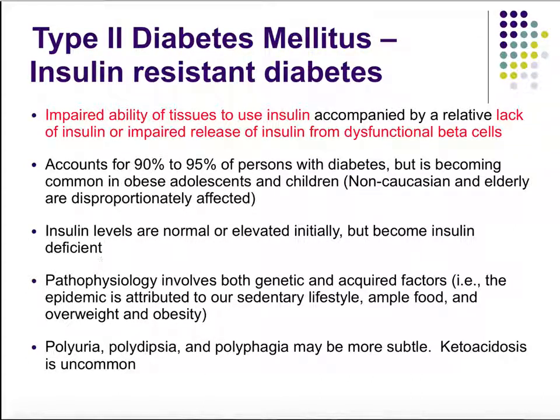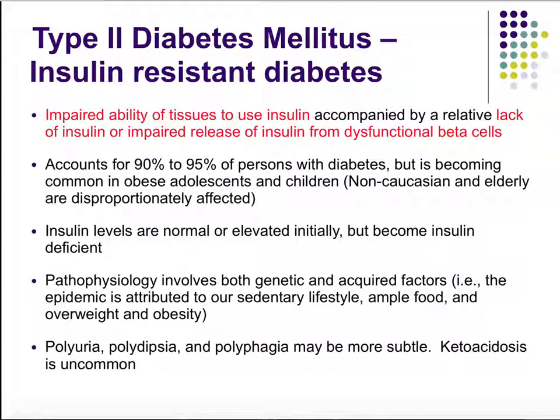Now, insulin levels could actually be normal or even elevated initially, and then eventually, as this disease progresses, you can become insulin deficient. And so why could it be normal and elevated initially? Remember, our cells are not responding to the insulin, so our beta cells may still be producing normal amounts of insulin.